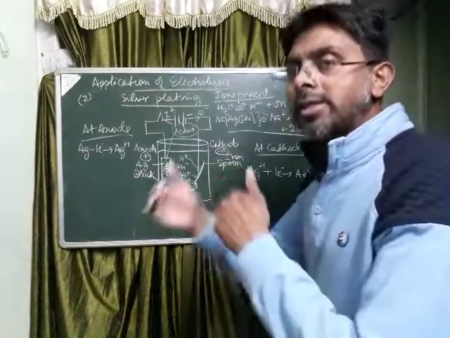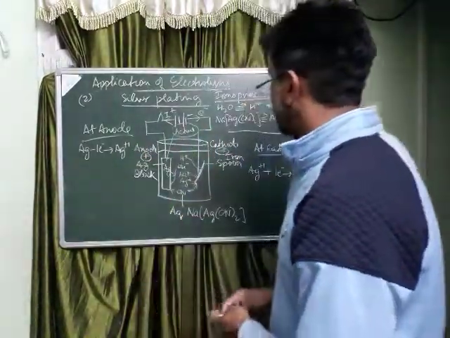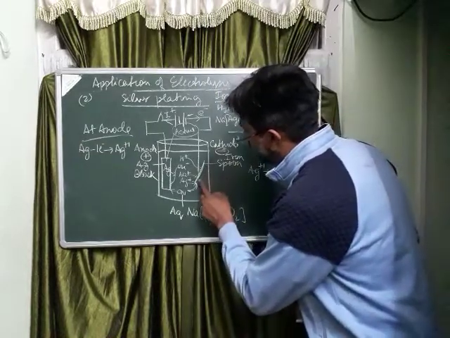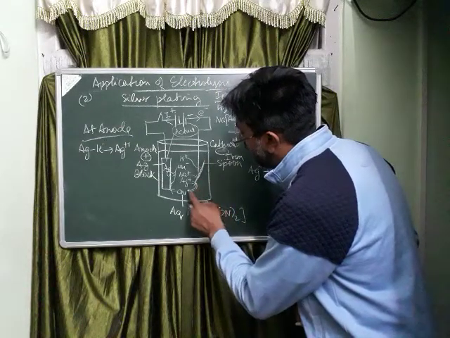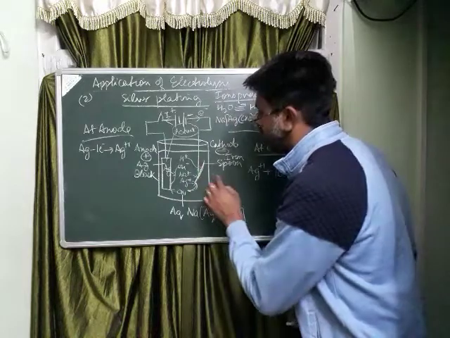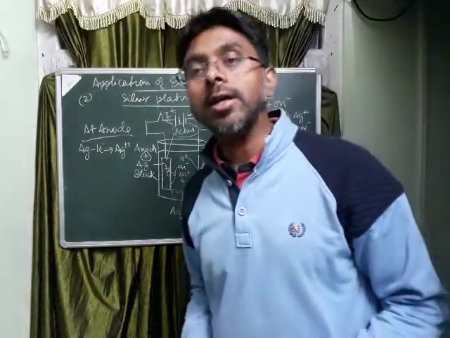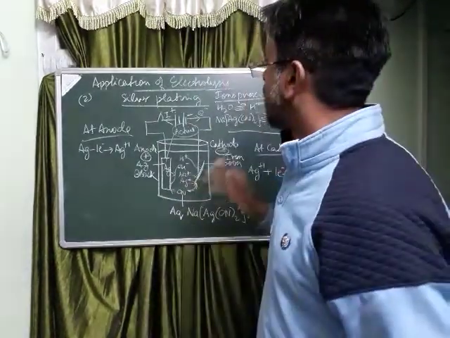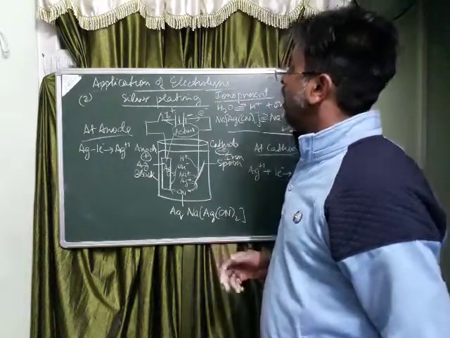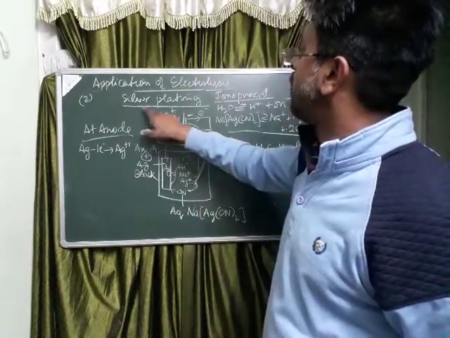So, when this is carried out for quite some time, the iron spoon gets a very firm, thin and even deposit of silver on it. It appears as if it is a silver spoon. So this is how we carry out what is called silver plating.